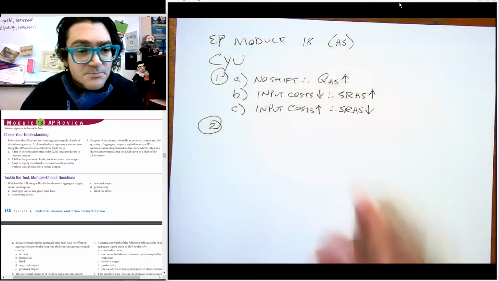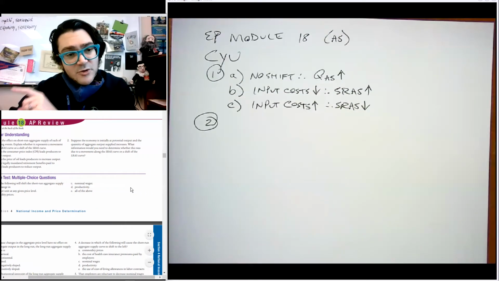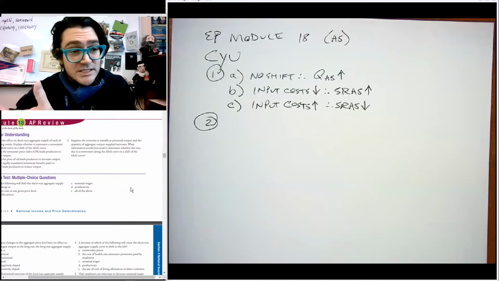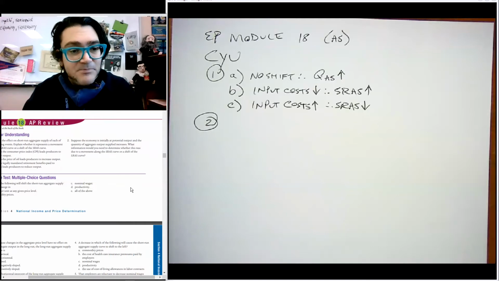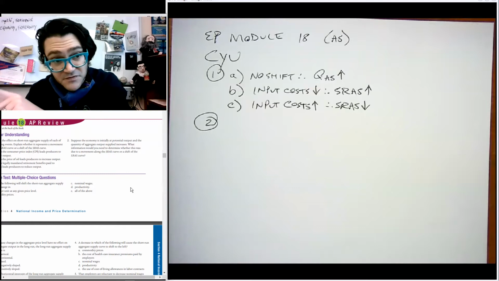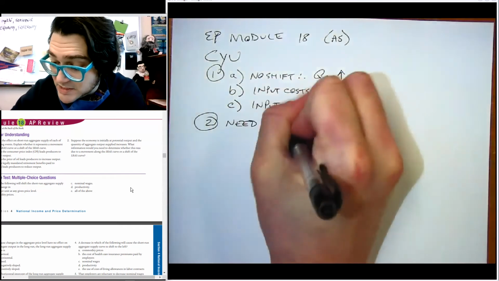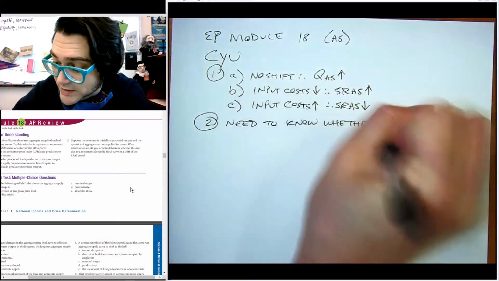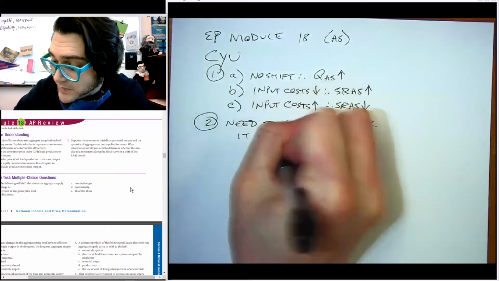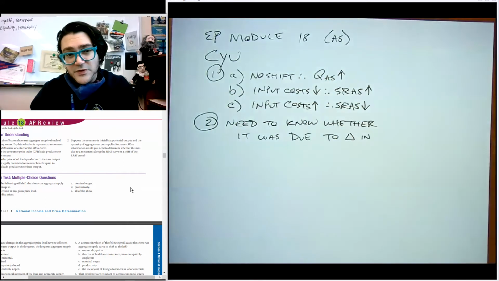Number two says, suppose the economy is initially at potential output and the quantity of aggregate output supplied increases. So we know you increase the amount of stuff that producers were making. What information would you need to determine whether this is a movement along the curve or a shift of the curve? Well, this is very simple: you need to know whether it was due to a change in, let's see if you can guess, price levels.